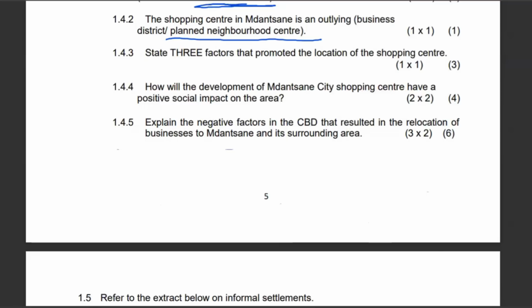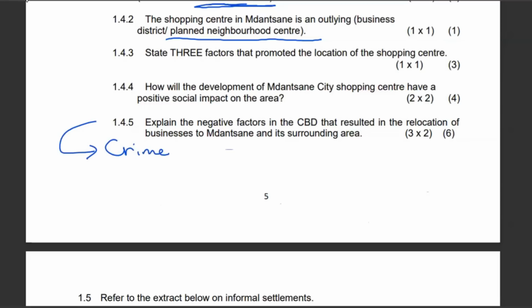Right. What we need to look at there, we're looking at the negative implications of doing business in the CBD. So for that matter, we want to identify some negative implications of doing business in the CBD, which promotes people to decentralize. There is crime, high levels of crime in the CBD.